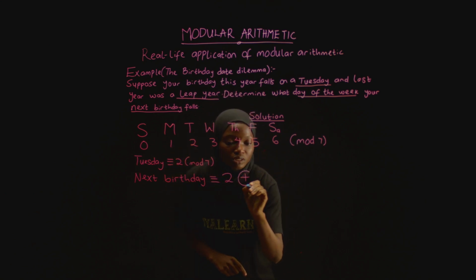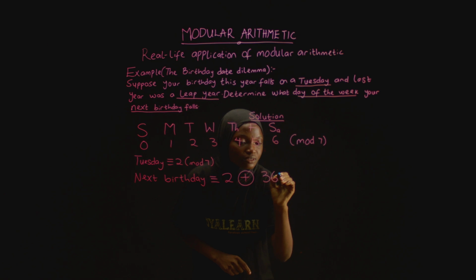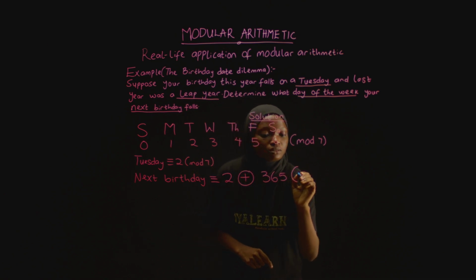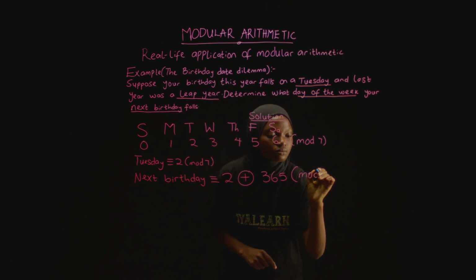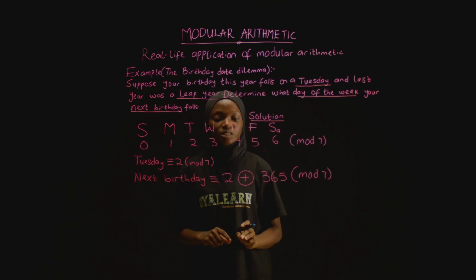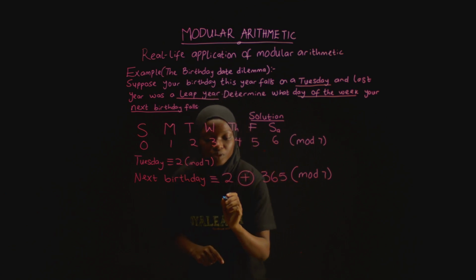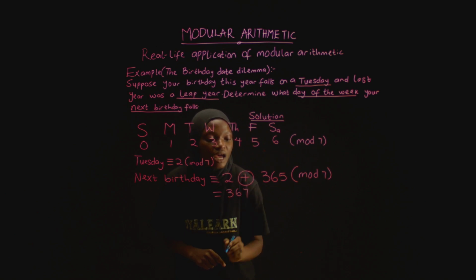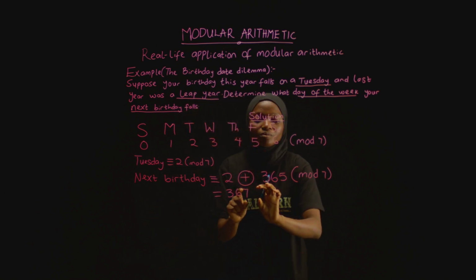So we say plus 365, then we find the value in mode 7. And this is just like normal addition in modular arithmetic. 2 plus 365 will give 367.